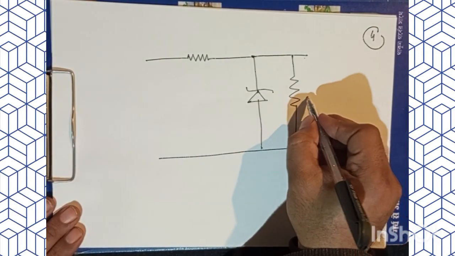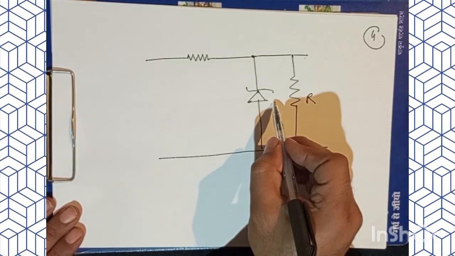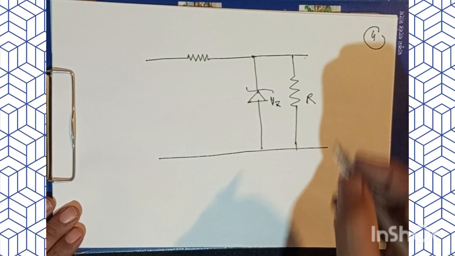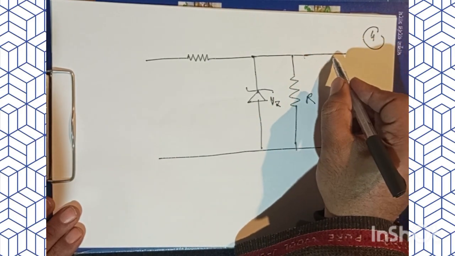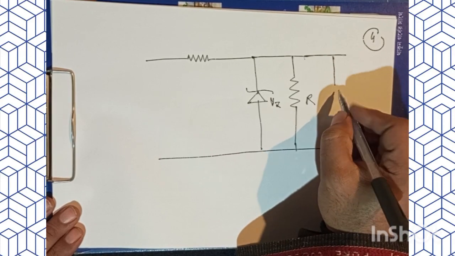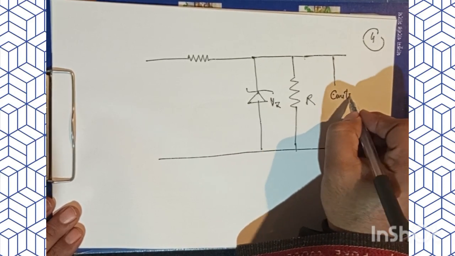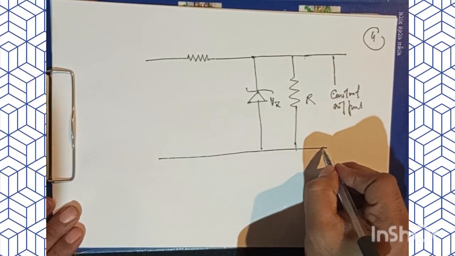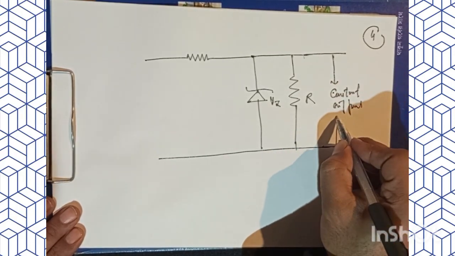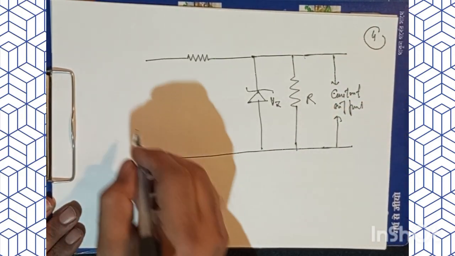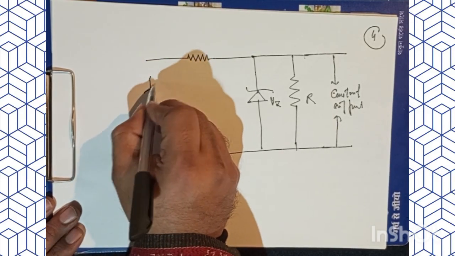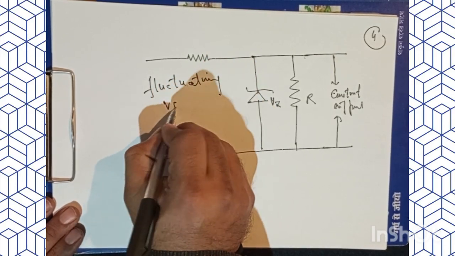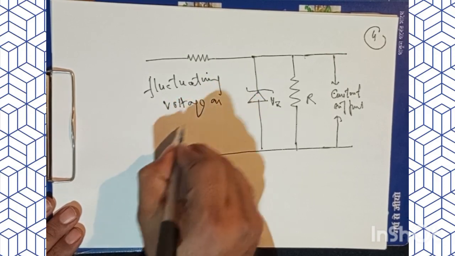So this is RL, and we have Vz, and we want to obtain a stabilized output, a constant output. That should appear here as output. Here we have a fluctuating voltage as input.